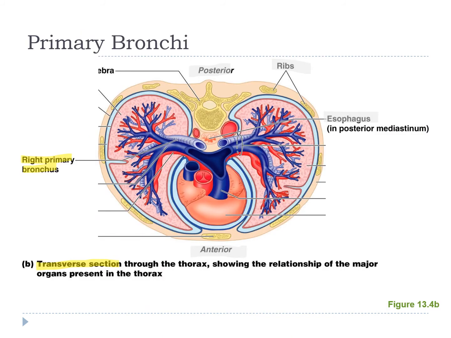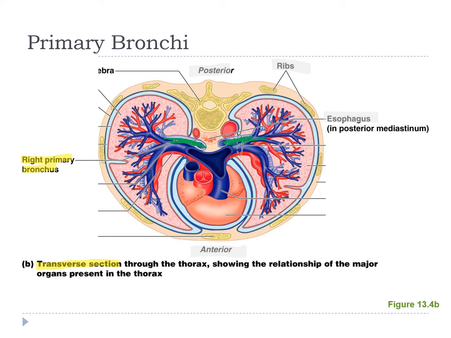So what does your primary bronchi look like going into the lobes of the lung? So here, just to orient you, here's that right primary bronchus coming from the trachea, branching off the trachea into the lung, and here's the left primary bronchus.